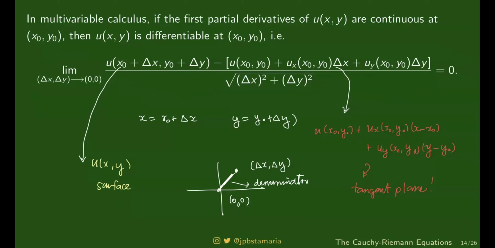Yung sinasabi ko, pag may fraction ka, yung numerator nagsisiro, yung denominator nagsisiro, for the fraction to approach 0 means that the numerator should go faster to 0 than does the denominator. Did you understand? Ibig sabihin, mabilis lumiit yung distansya sa pagitan ng surface tsaka ng tangent plane.